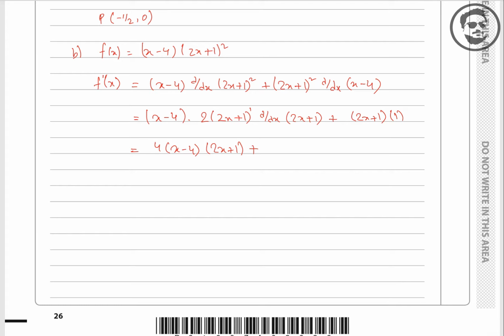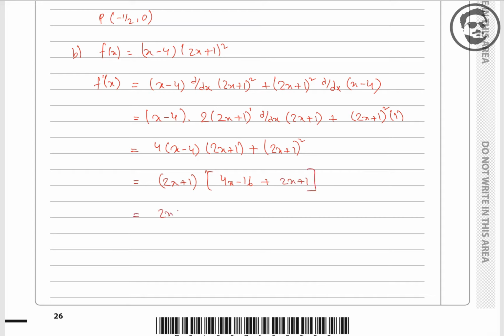Plus (2x plus 1) whole square. So it will be whole square here also. So if we take 2x plus 1 as common, it will be 4x minus 16 plus 2x plus 1.